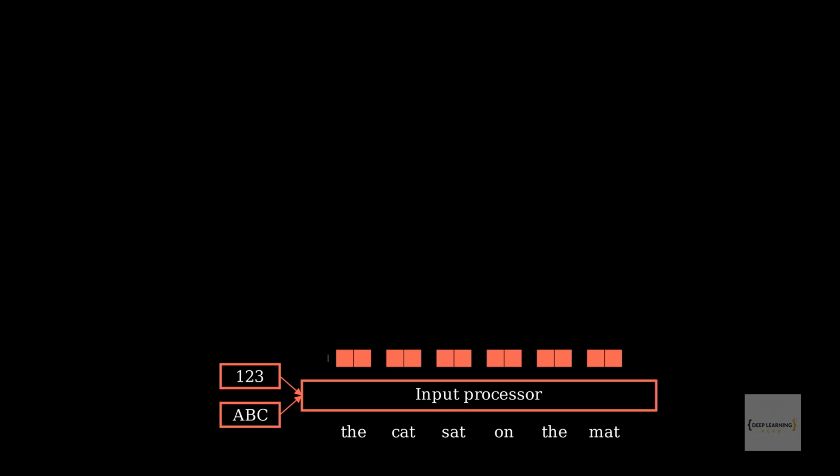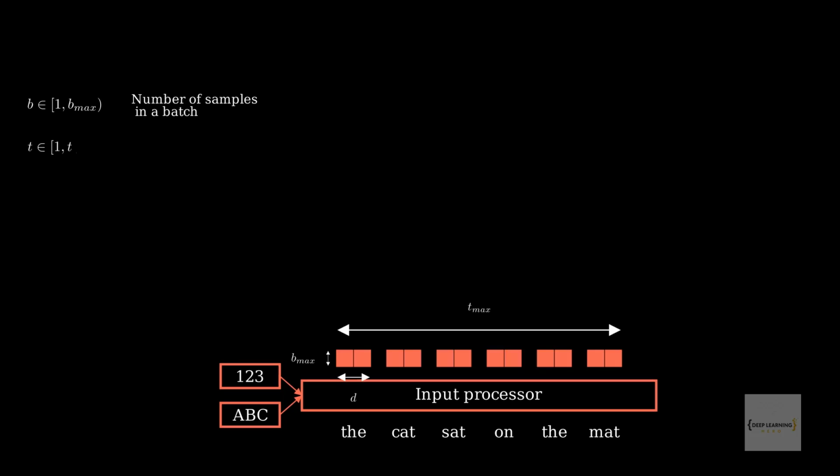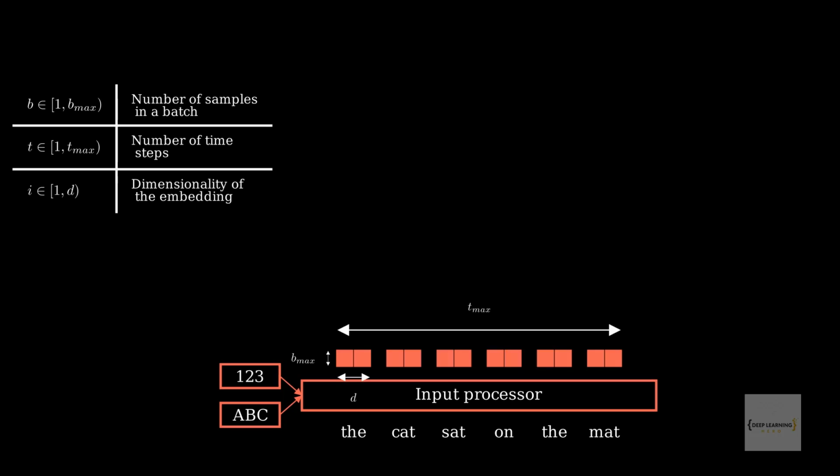Now let's cement some notation before we continue any further. To understand the transformer architecture, there are 3 key hyperparameters you must understand. Bmax, the batch size. This denotes how many sequences of text you're feeding at once, which is 1 in our example.